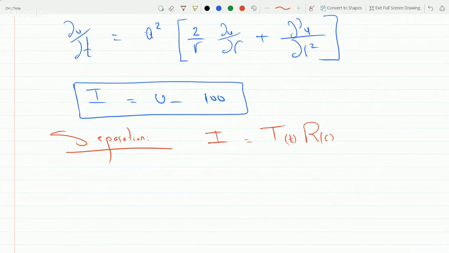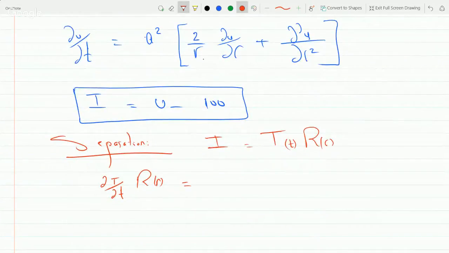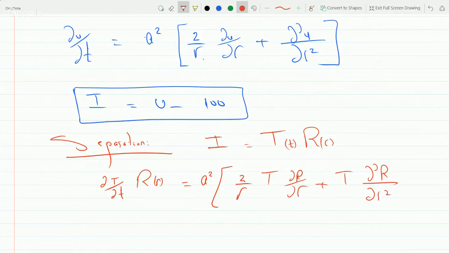So dT over dt times R of r equals a squared times 2 over r T dR over dr plus T d squared R over dr squared.